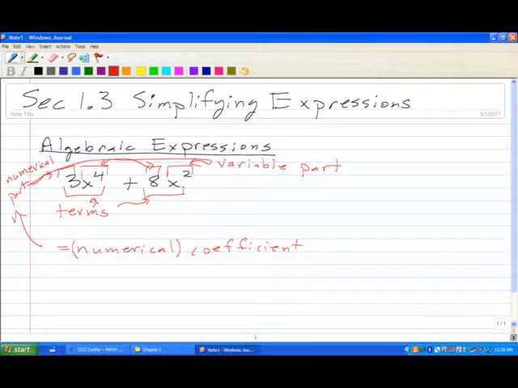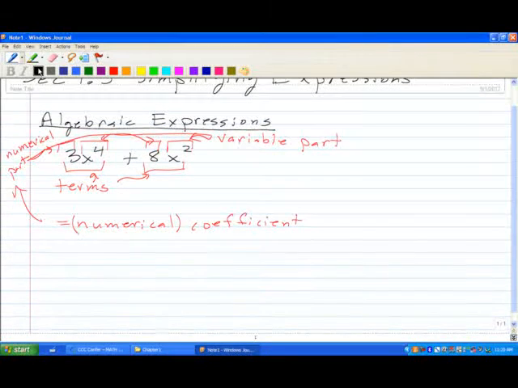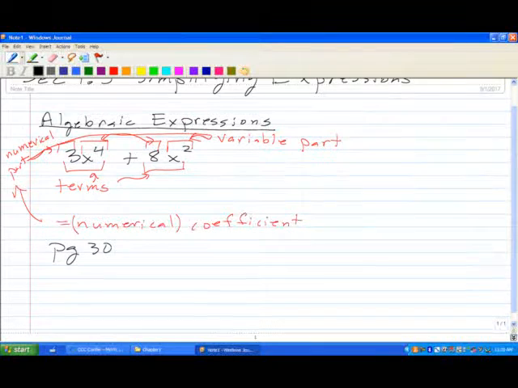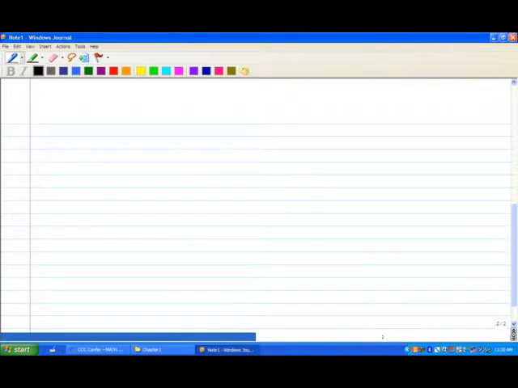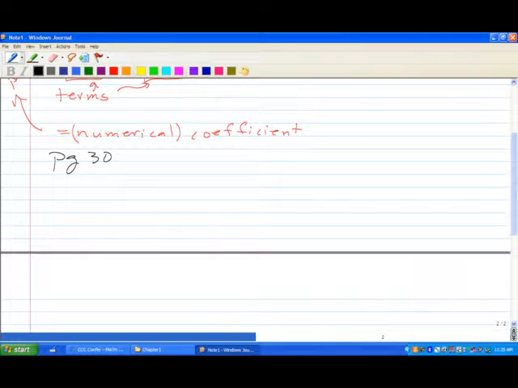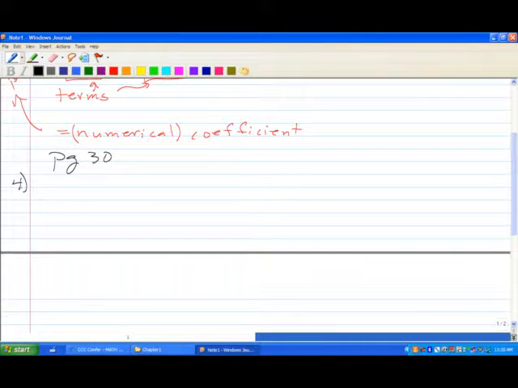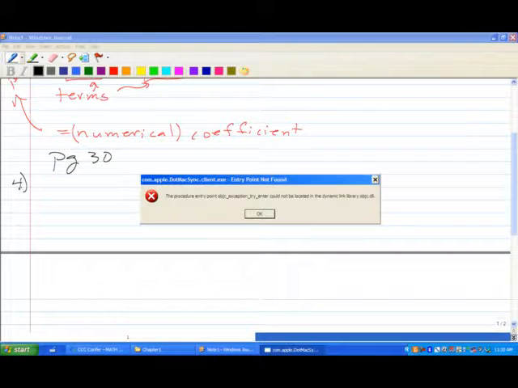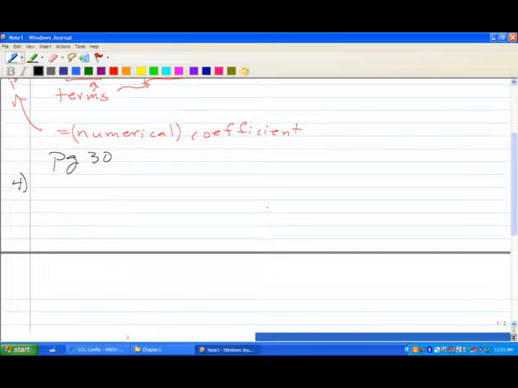Let's say on page 30, let me do problem number 4. Negative 3lm.